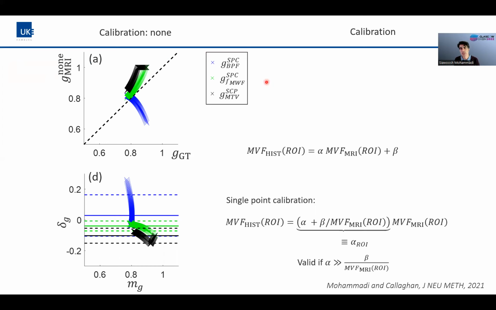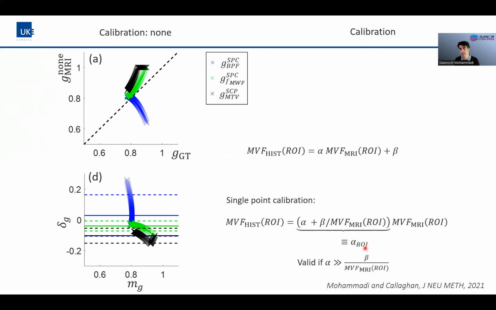The next step is the calibration. So the standard calibration works as follows. We neglect the offset here, which is the same as if we have basically this term here. So here we basically factored out this myelin volume fraction term in order to have just a scaling effect.